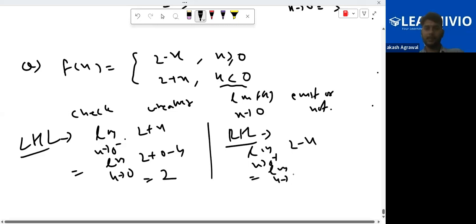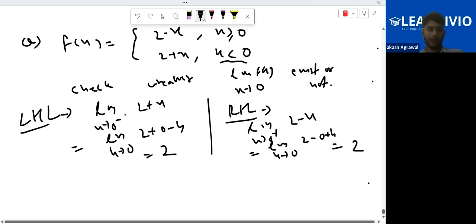So limit h tending to 0, 2 minus 0 minus h or 0 plus h is 0. So again the answer is 2. So limit is 2. Okay. Yes or no, everyone? Yes, sir.